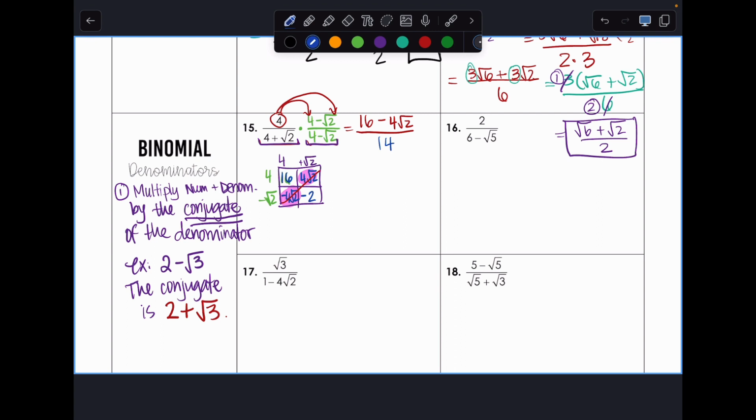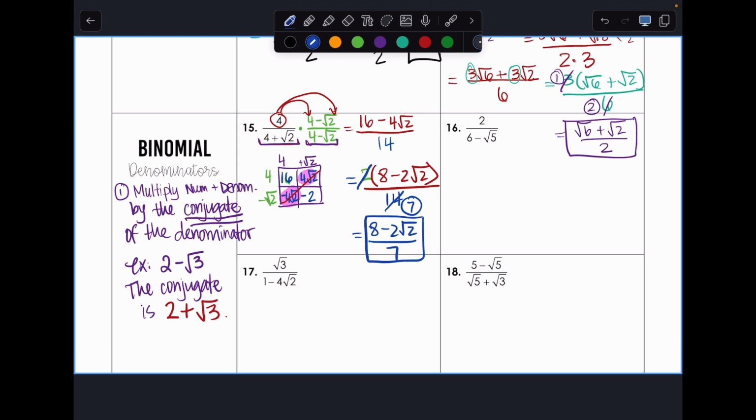So if I factor out 2 from the numerator, and I write the rest as they are, then we have 14 in the denominator, which is 2 times 7, right? So if I simplify 2 with 14, I'm left with 7 in the denominator. So I have 8 minus 2 rad 2 over 7. Now it's at its lowest term.